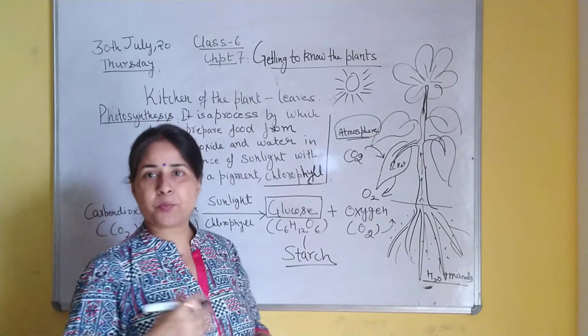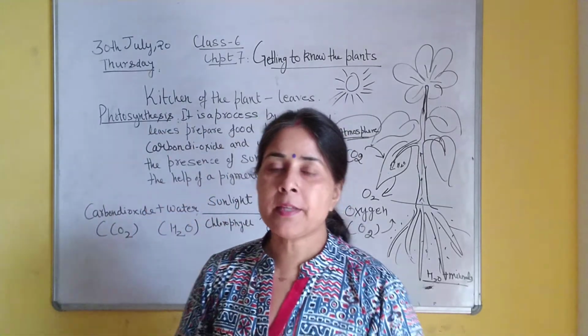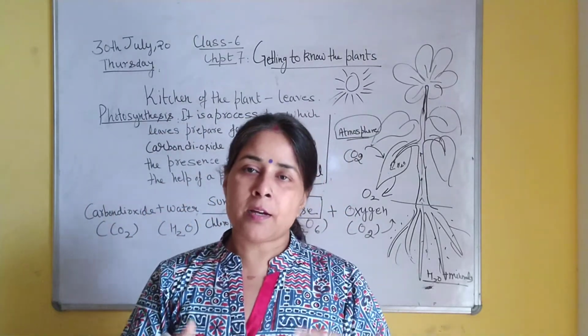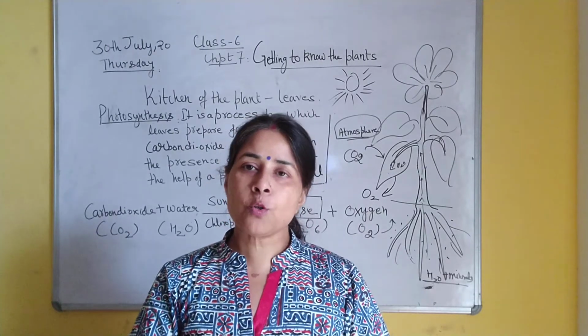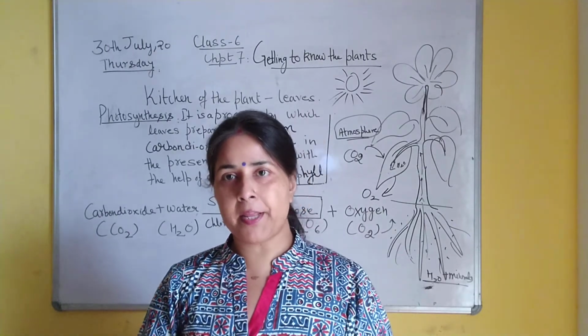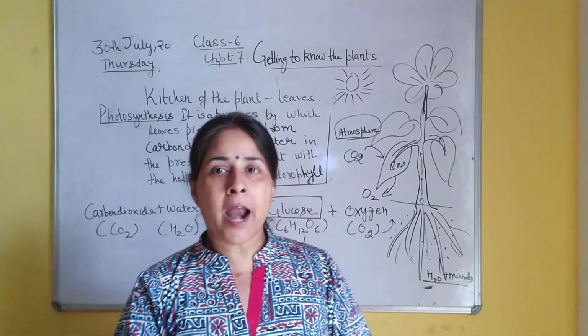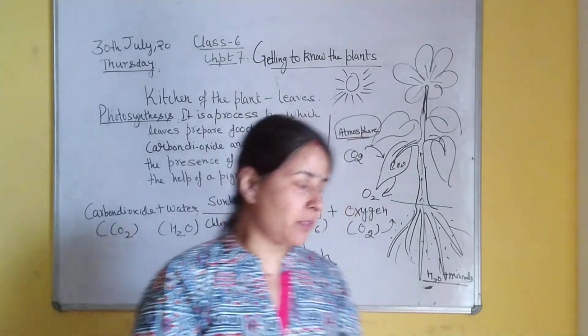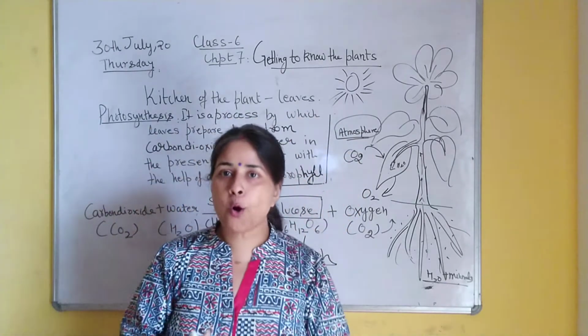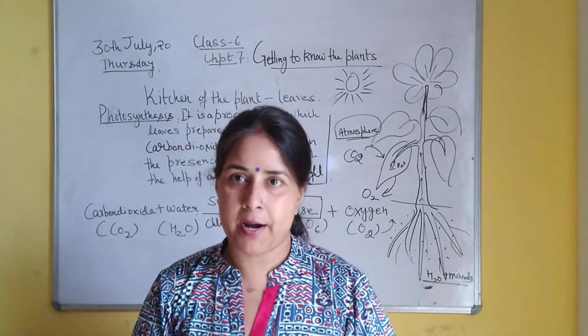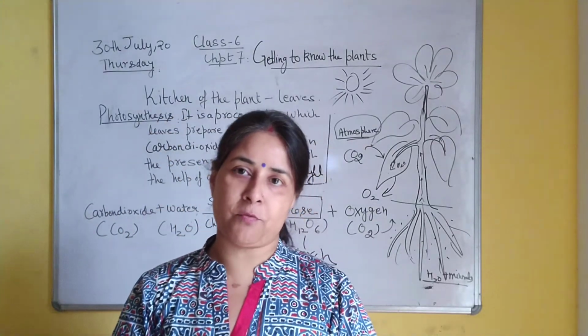Mostly it gets converted into starch, and this starch, the food, is used in the growth and maintenance of the plant, and whatever starch remains gets stored in different parts of the plant.